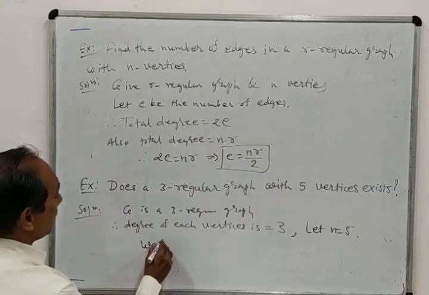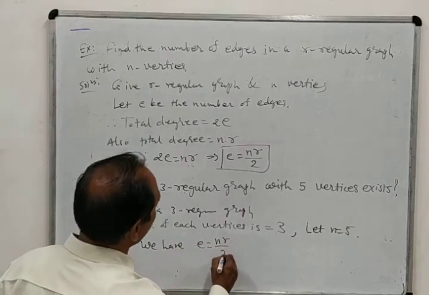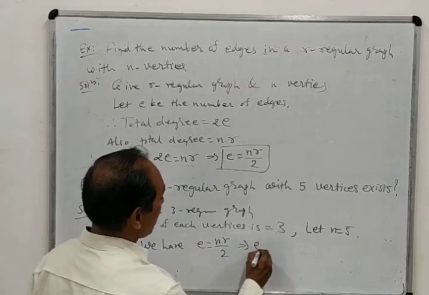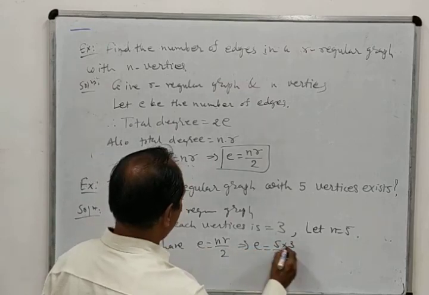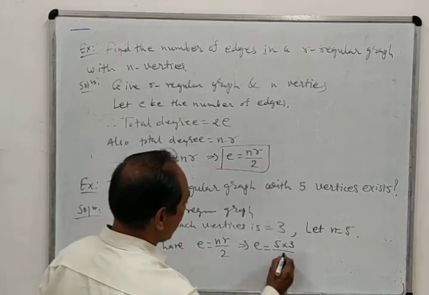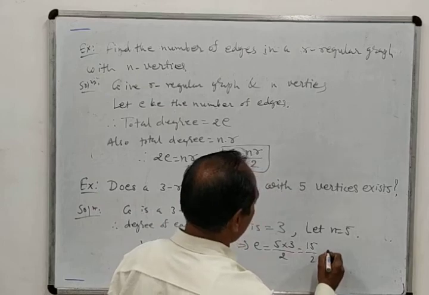We have E equal to n into R by 2. So what will happen? This implies that E equals n is 5 into R is 3, because it is a 3 regular graph, divided by 2. So this is 15 by 2. So this is not an integer.